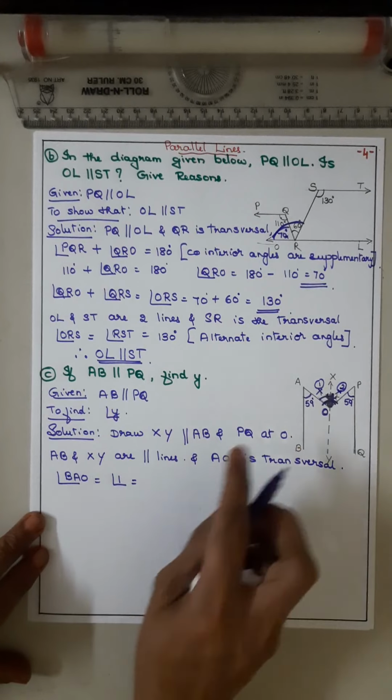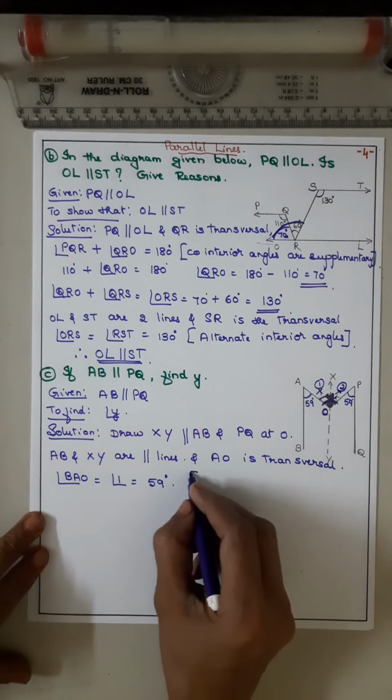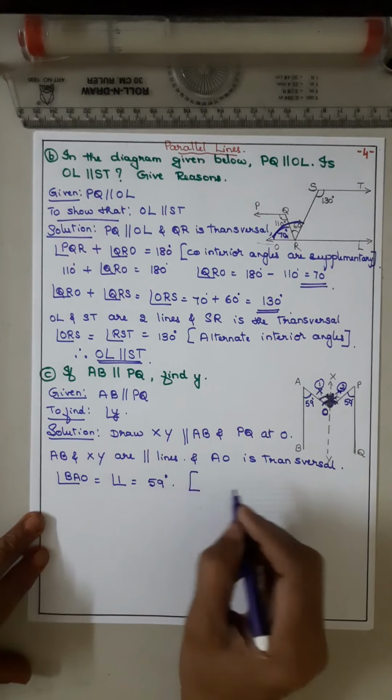So how much will it be? 59. Y, you got Z, isn't it? BA, AO, OX: alternate interior angles.